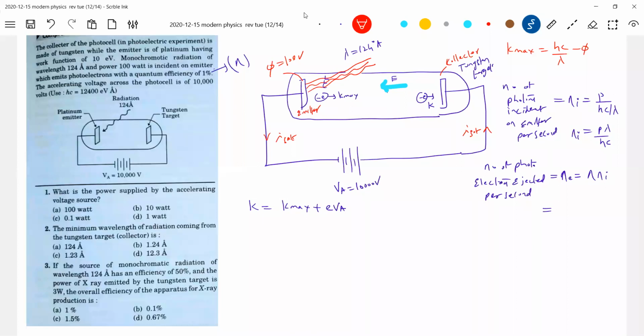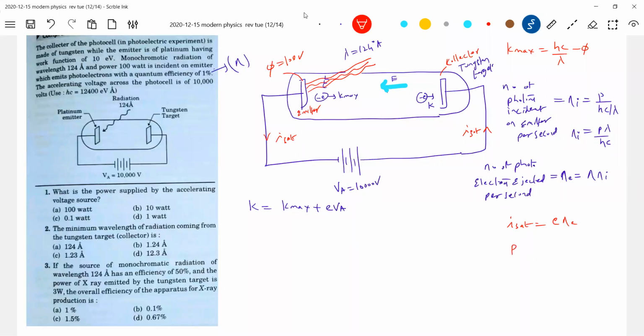If I multiply Ne with the charge of electron, will I get the saturation current? Those many electrons are emitted and strike the tungsten target per second. Into charge, they become the rate of flow of charge, the current. So I saturation equals charge of electron into Ne.